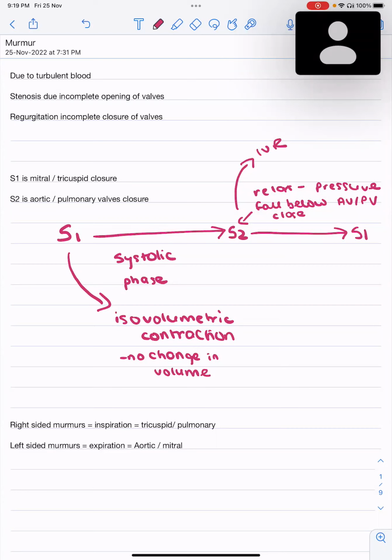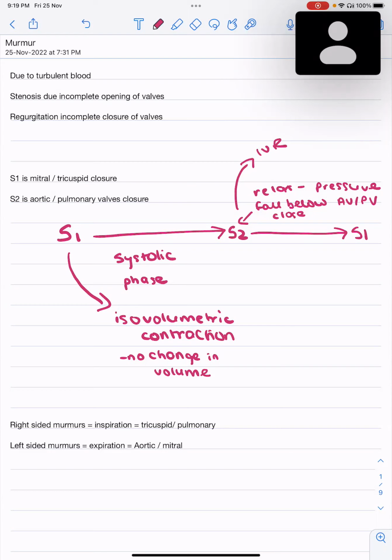So whenever there's an S1 sound, that is the period of systole. This is a little bit of background on murmurs. You don't need to remember this for the exam. This is just to build your foundation on which I'm going to teach and elaborate the murmurs, and they're really simple.